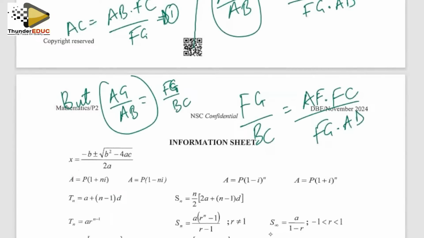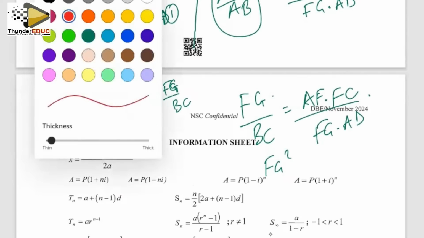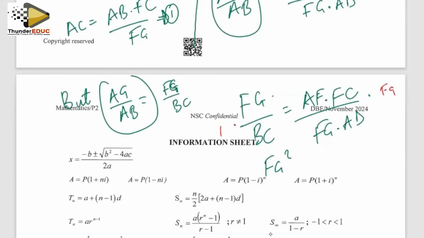Then multiply this to that side and multiply the other side. So I'll have my FG squared, because if I get, let's say, times FG on either side, this cancels that. And then I multiply both sides by BC, this cancels that.